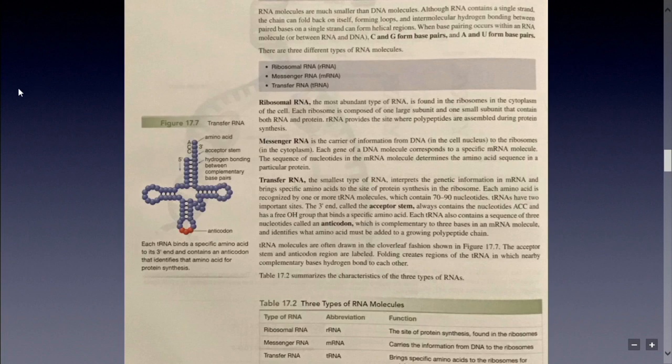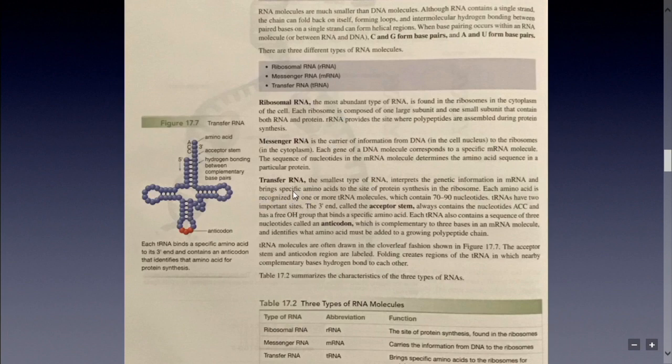Well, only a small segment of DNA will code for a specific trait, and that's called a gene, and that gene can be transcribed into a small section of messenger RNA, and that's called a transcript. And that transcript will leave the nucleus and go out into the cytoplasm to be translated into a protein at the ribosome and by transfer RNA.